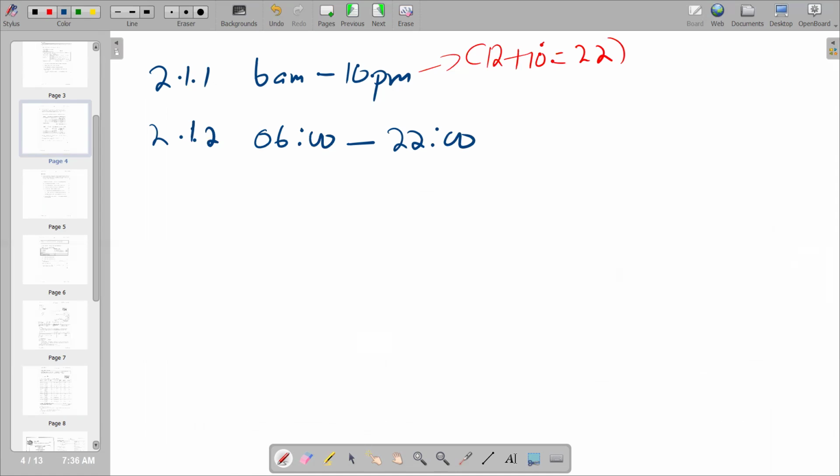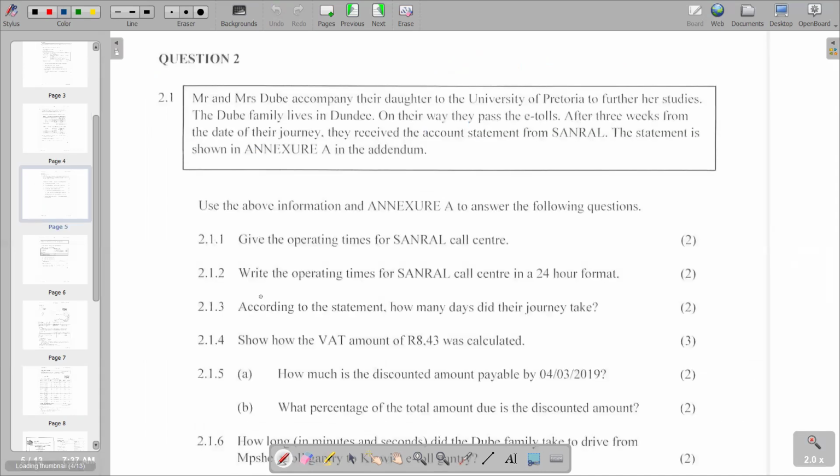So basically that's what we have, and we can try to present it in the form as we put our hours. So basically this is what we have. And then we go to the next part of our question, 2.1.3, according to the statement, how many days did the agent take?